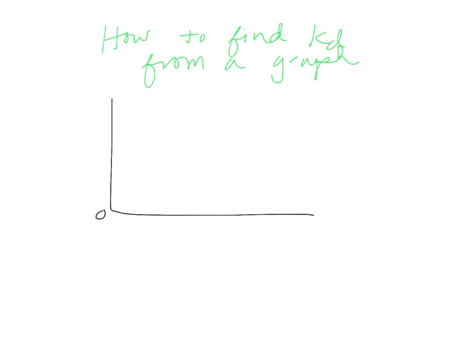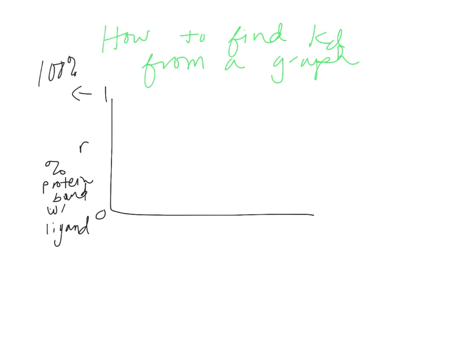It goes from 0 to 1 on the y-axis, and this is sometimes referred to as little r. What it really is is the percent of protein bound with ligand, where 1 represents 100% of the protein is bound with ligand, and 0 represents 0. And then we have concentration of ligand on the x-axis.